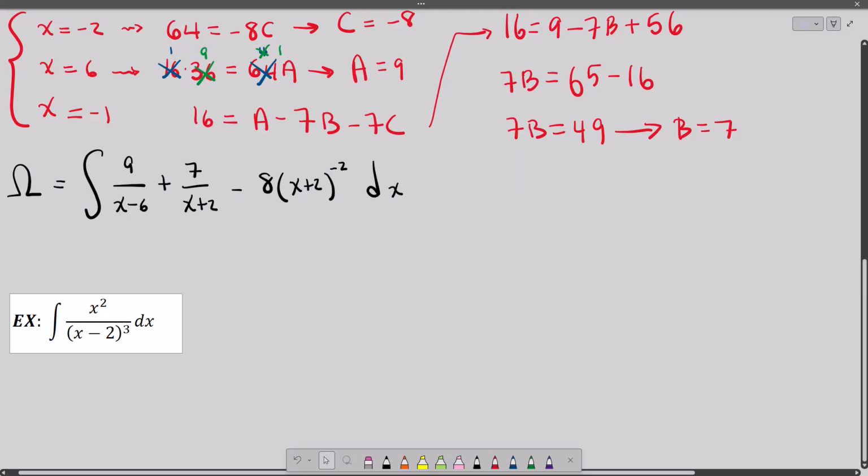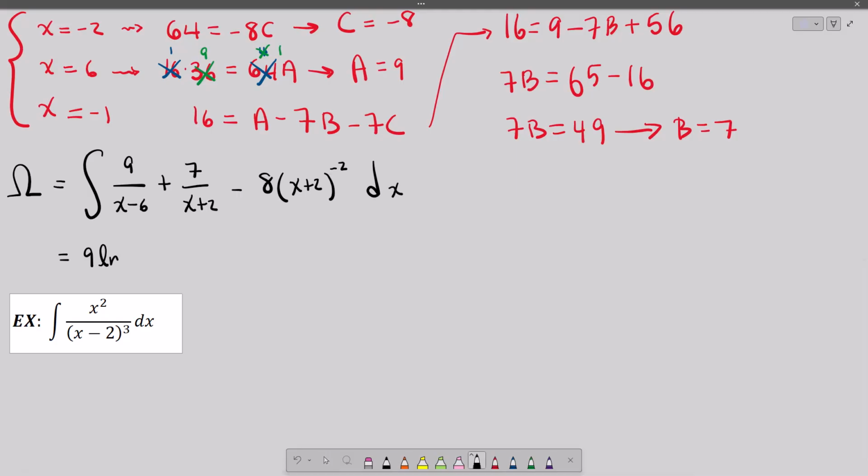So then our answer will be 9 ln plus 7 ln. And then the last term, we add 1 to the exponent, which gives us negative 1. We divide by -1, so that gives us +8.